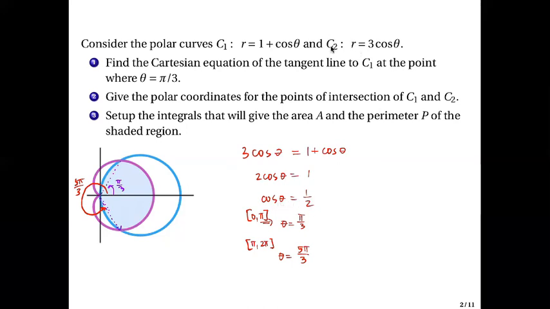So we can use C2, and therefore the polar coordinates will be 3/2, comma, pi over 3. And then for this one here, still we have 3 halves, but the theta is 5 pi over 3. So these are the points of intersection in polar coordinates.